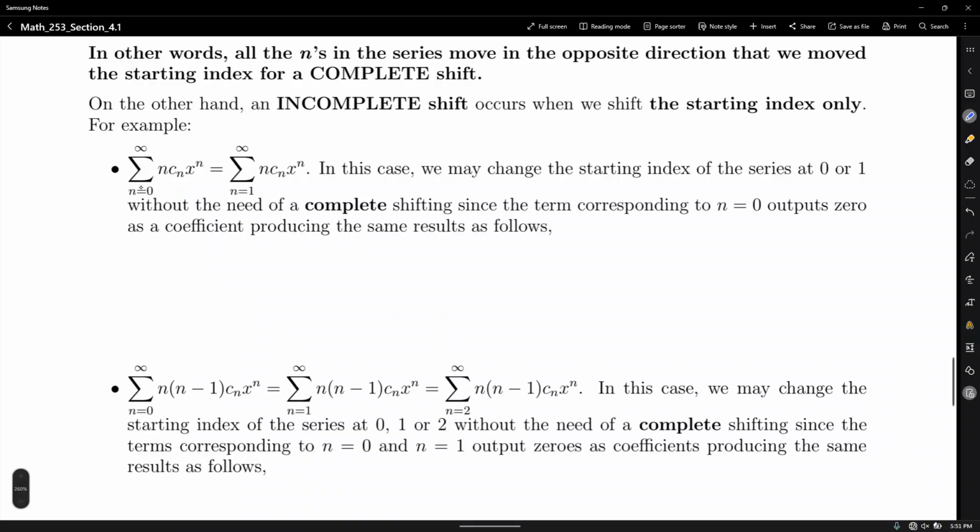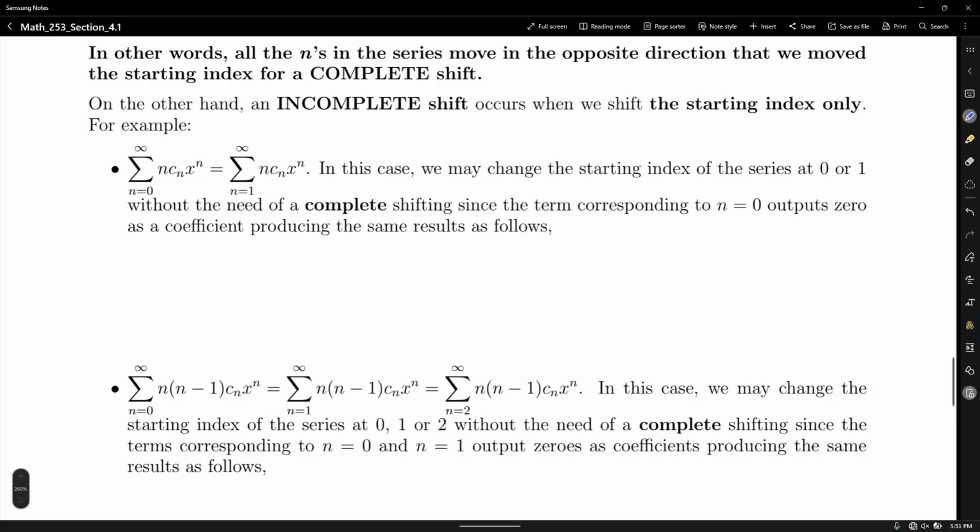What would you get if you substituted n equals 0 to get the n equals 0 term? That would be 0 times c sub 0 times x to the 0. Do you guys agree that you're going to get a 0? That term is going to disappear. So what would be the first term that you will see in the series? The term with n equals 1.